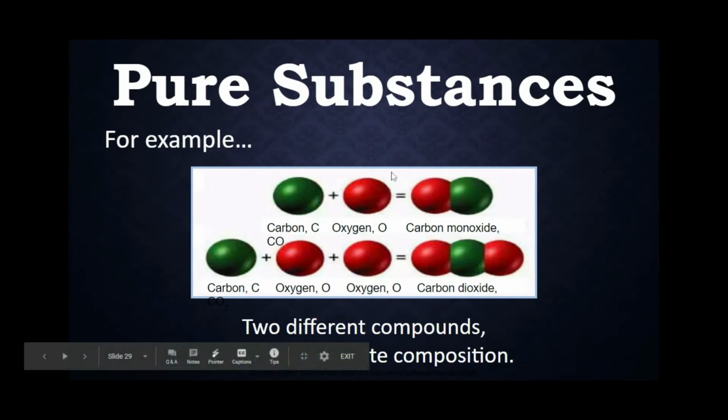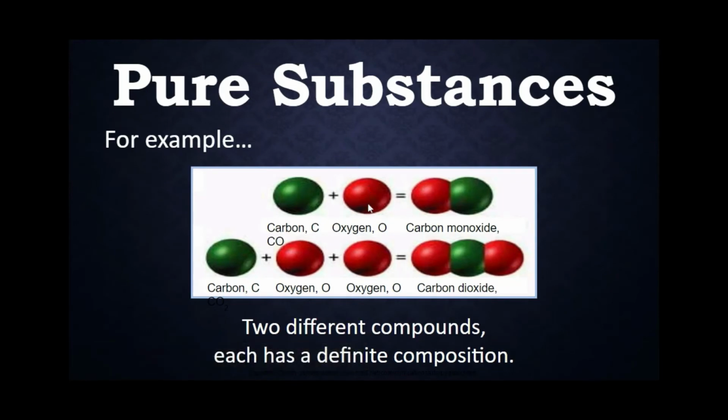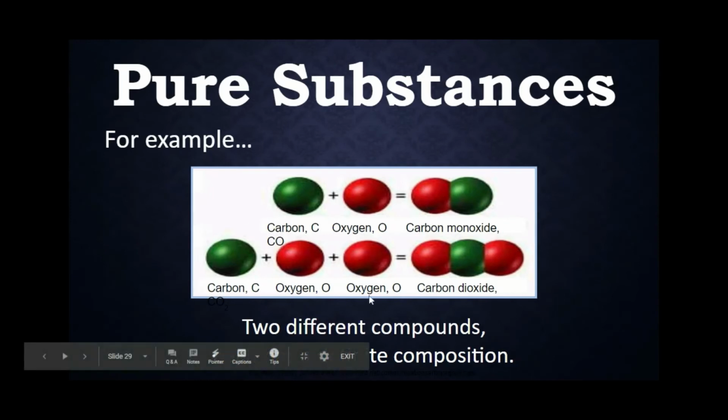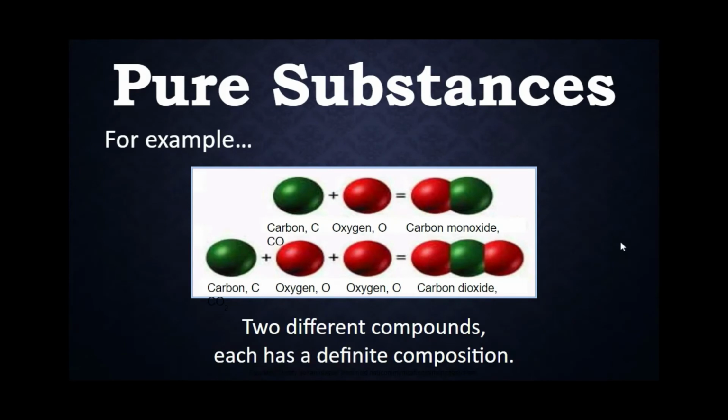As we see here, one carbon atom and one oxygen atom form one molecule of carbon monoxide, and one carbon atom and two oxygen atoms form one molecule of carbon dioxide. Although these are two different compounds, each has a definite composition.